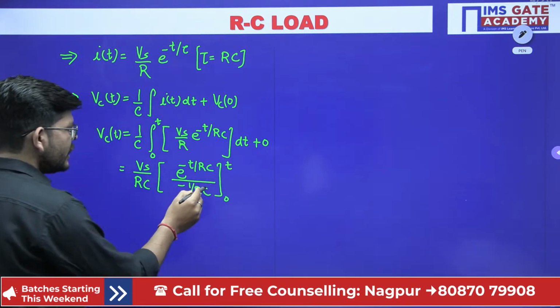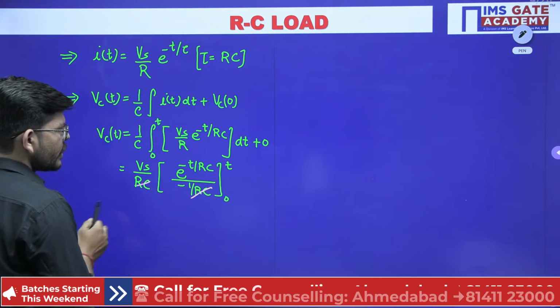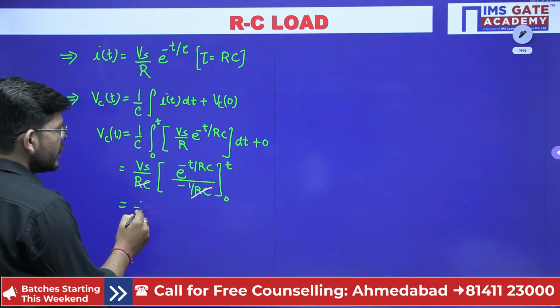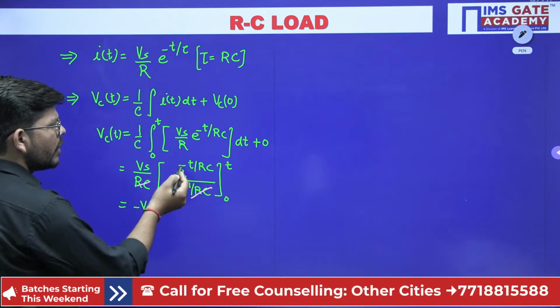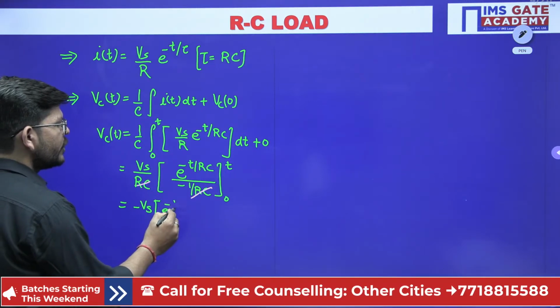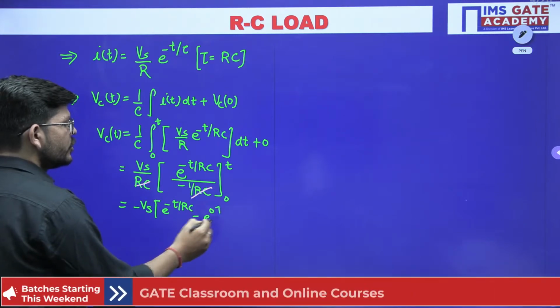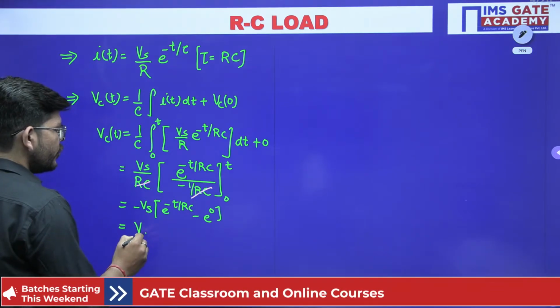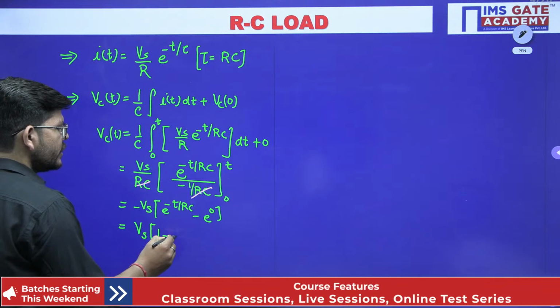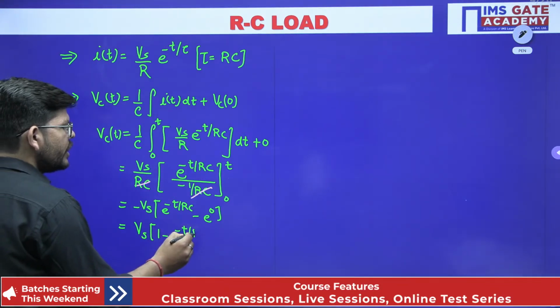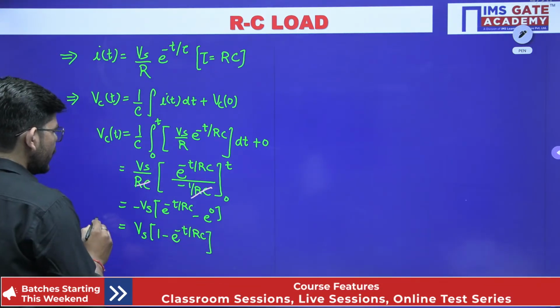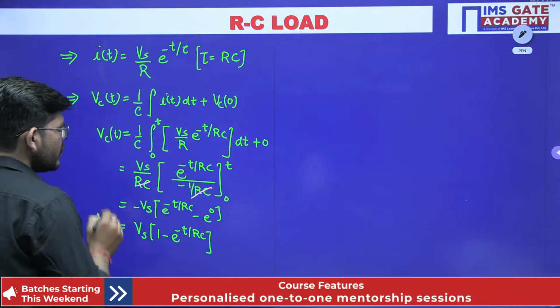Now RC and RC get cancelled, and we get minus Vs. Now we put in the limits, so we get e to the power minus t over RC minus e to the power 0, or ultimately Vs (1 minus e to the power minus t over RC), or t over tau. That is my capacitor voltage.